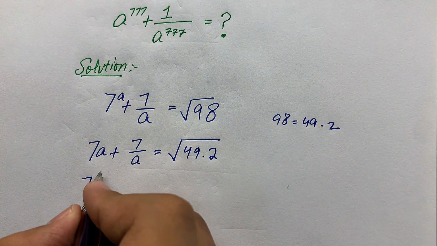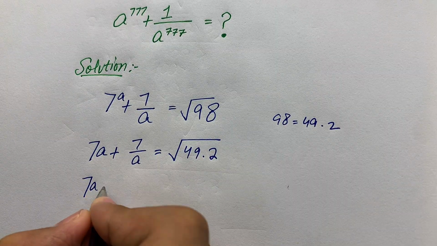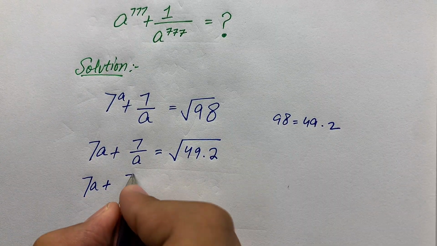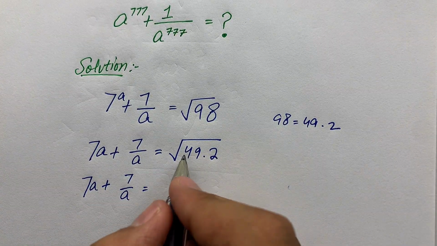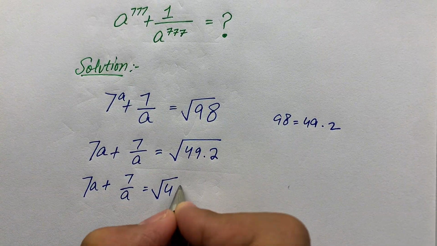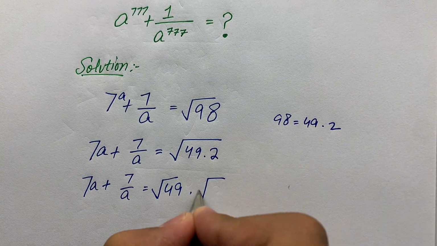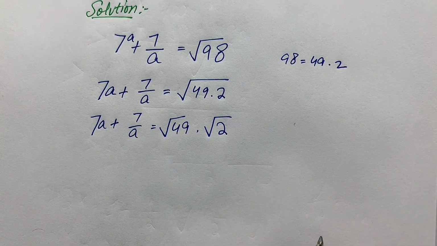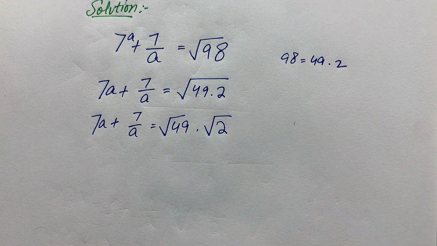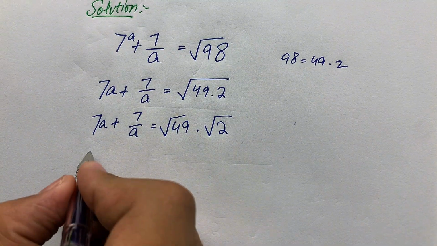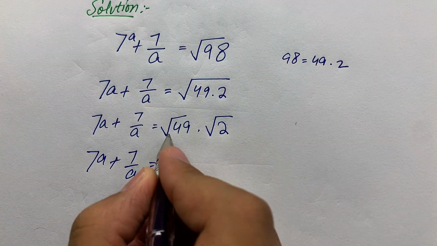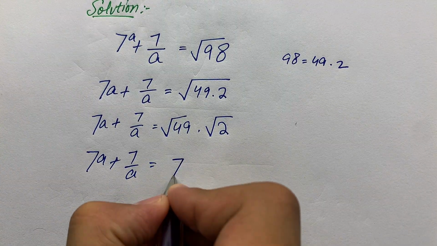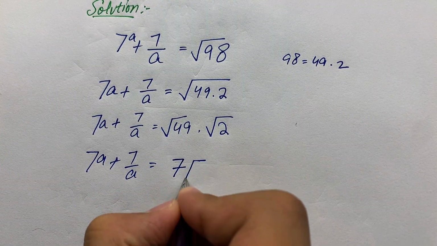We write under root of 49 into under root of 2. In the next step, this will be 7 into a plus 7 divided by a is equal to under root of 49, which is 7, and this under root of 2.